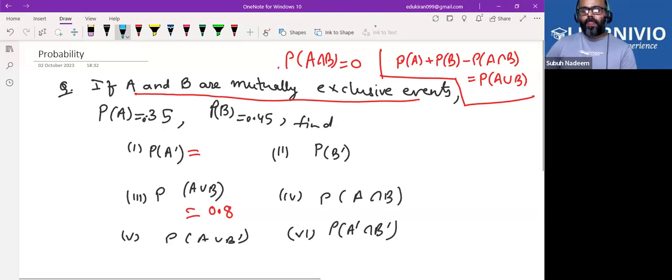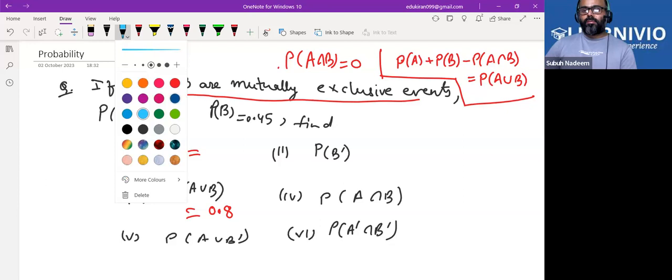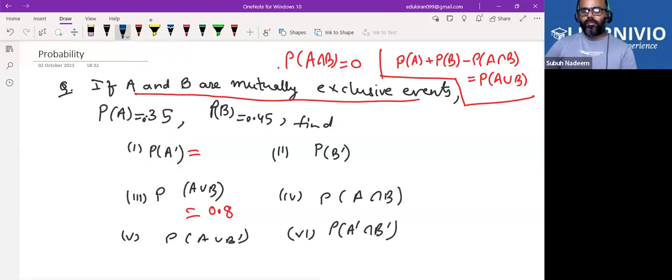So P of A complement is basically 1 minus probability of A, because other than A, the sample space is having probability 1. So it is 1 minus P of A.